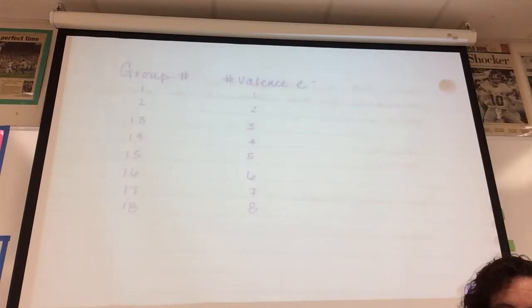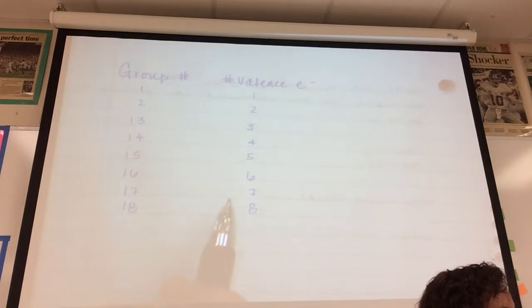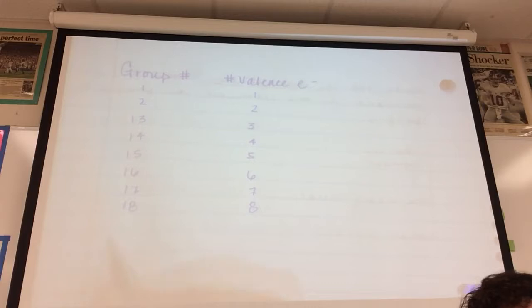So work with those now, and let's try and work through group 14. So in group 14, we've got carbon, silicon, germanium, tin, and lead.